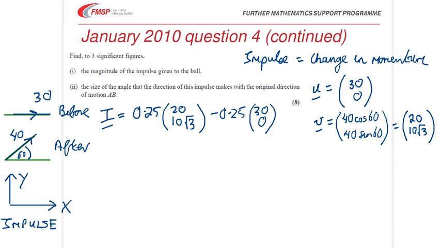That's I equals mv minus mu, the momentum afterwards minus the momentum before. Now when you work out those quantities, it comes to (minus 2.5, 5 root 3), or in decimals (minus 2.5, 8.66).